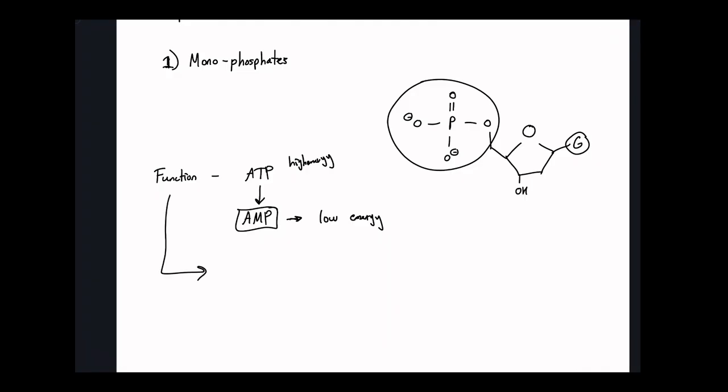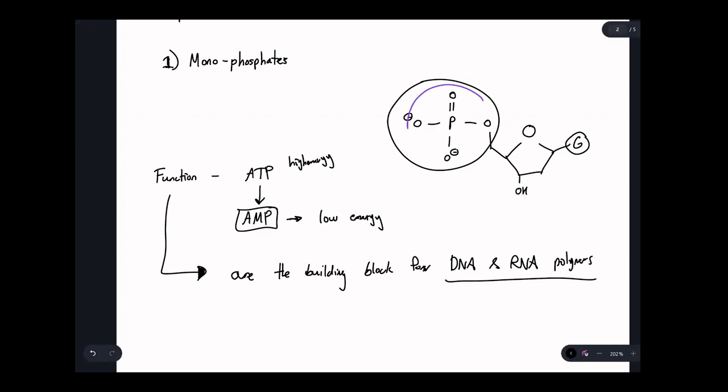The much more important function of monophosphates is the fact that they are the building block for DNA and RNA polymers. Right? That long strand is built with one phosphate and then another sugar and then one phosphate.